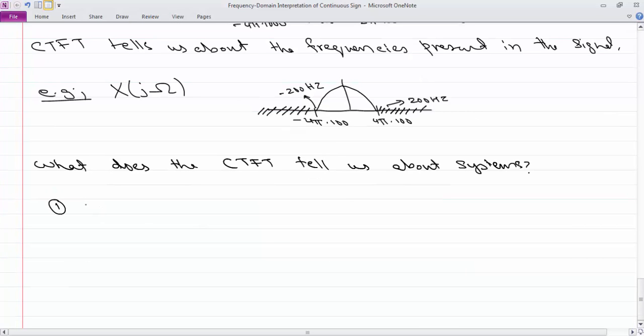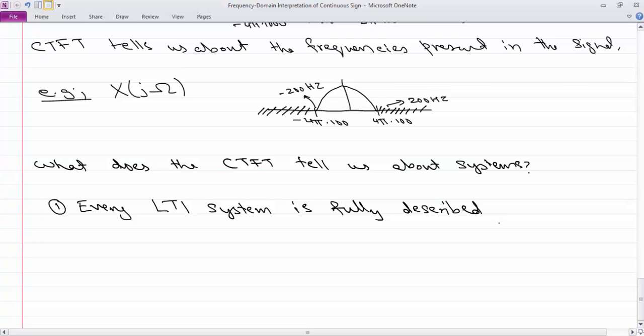Number one is that every LTI system is fully described by an impulse response. Let's call that h of t. So if we know the impulse response, we know the output to every possible input.